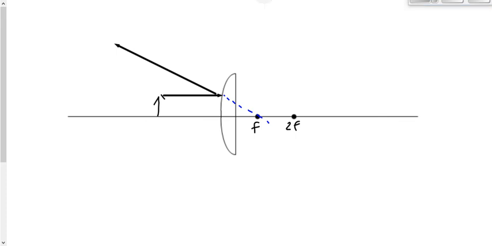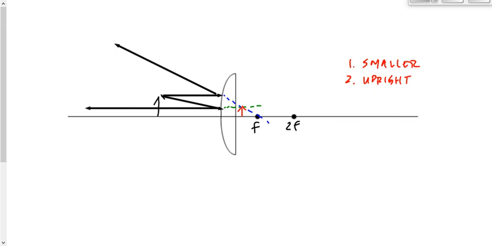The second ray is going to be drawn towards the focal point, but it can't make it to the focal point because there's a mirror in the way. And then it reflects back upon itself. We'll extend that one, the reflected ray, backwards. And we're going to find the characteristics of this image. It's smaller. It's upright. And it's virtual.